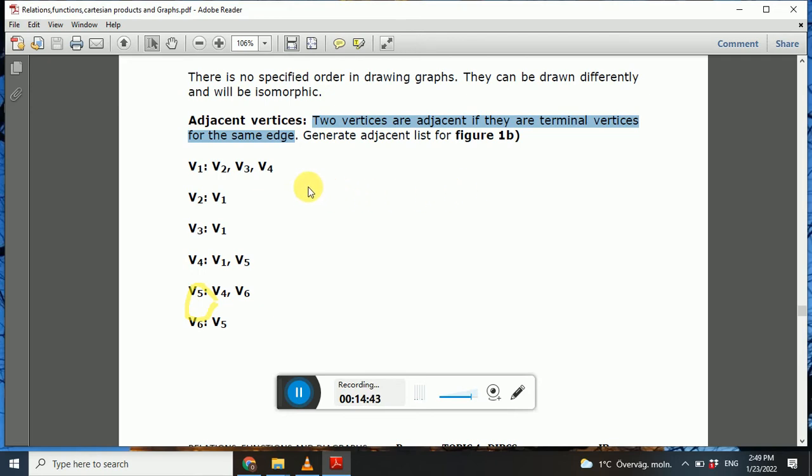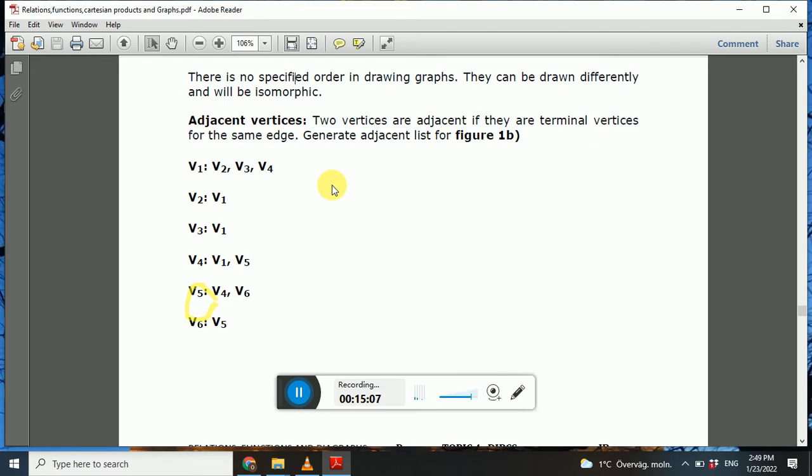There is also another vertex at the other end. For example, from this we are saying that V1 and V2, V1 and V3, V1 and V4 are terminal vertices, because you have an edge connecting V1 to V2, V1 to V3, V1 to V4.